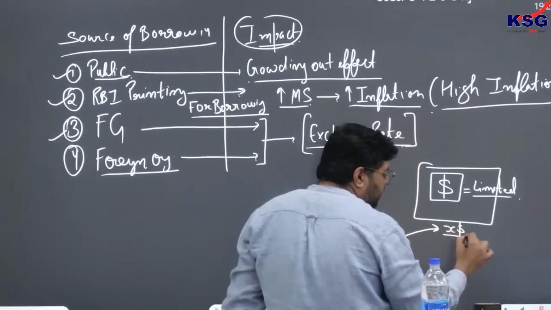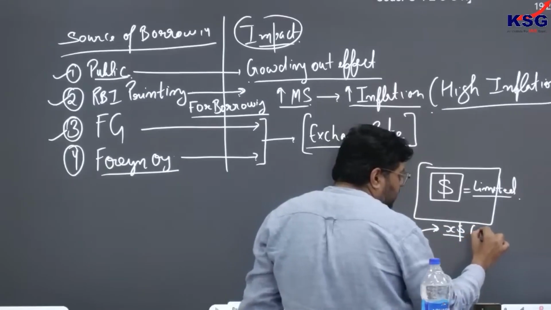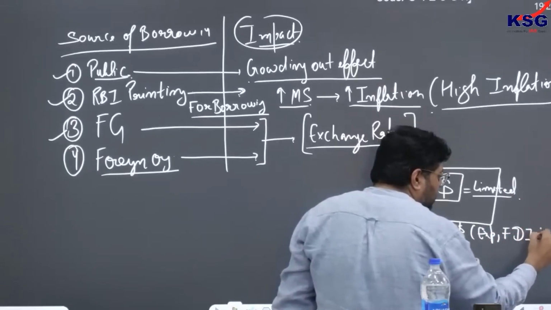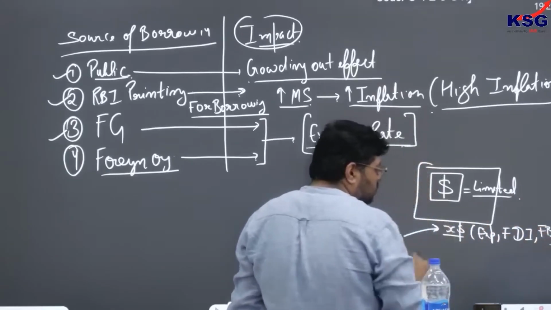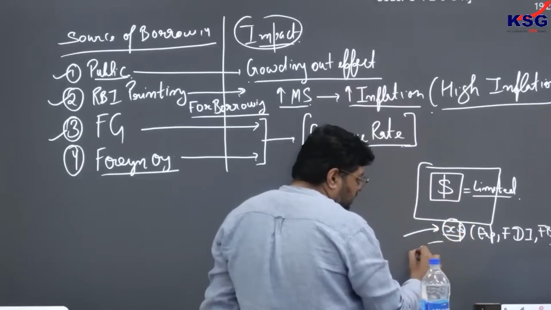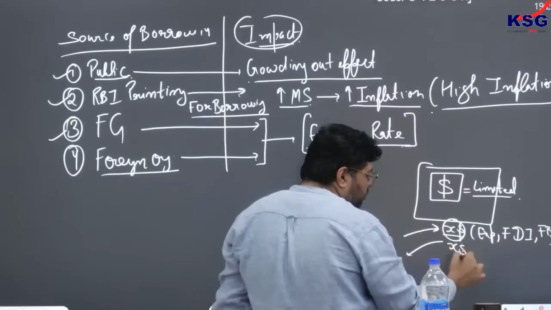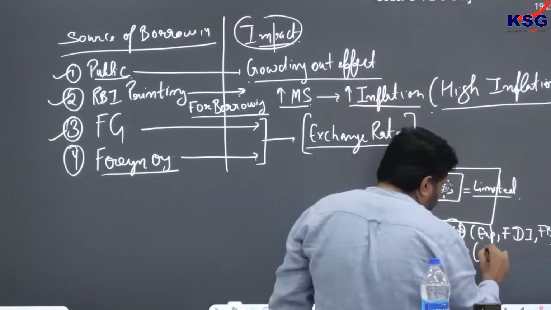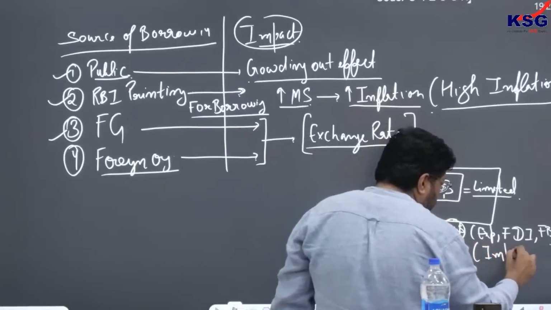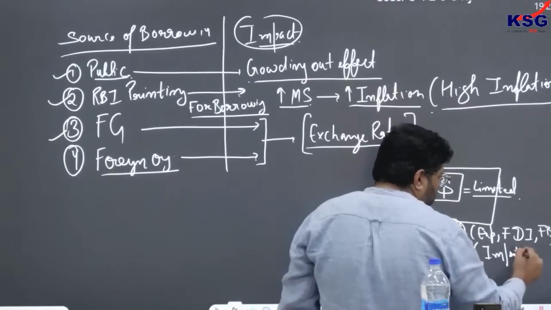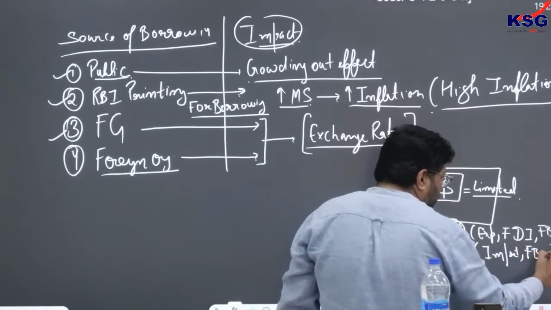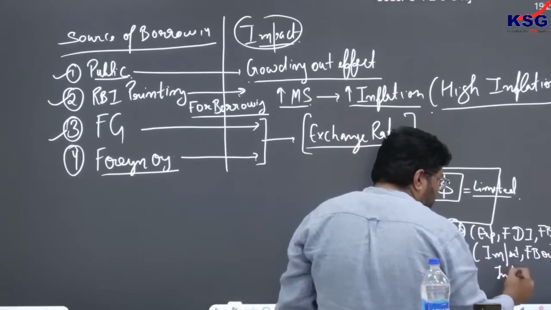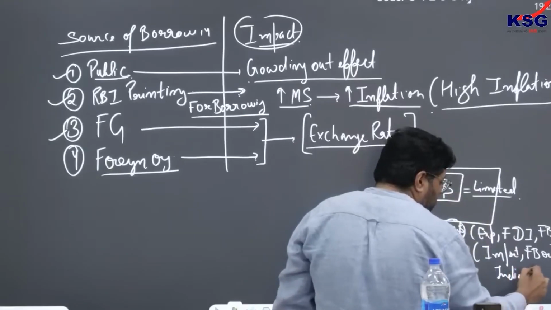How does your economy receive X dollars? For example, if your country is exporting products, if foreign direct investment is coming, or similarly you are taking foreign borrowings. Similarly, the same X dollars are going out from your country, for example through imports, or you are giving foreign borrowing outside, or Indians are investing outside, that is FDI in another country. Yes or no?